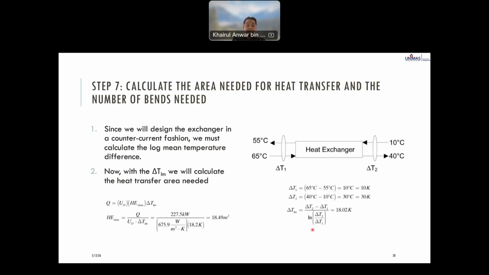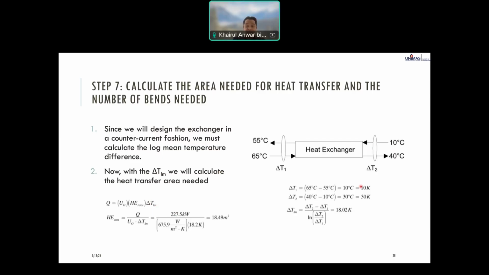Step 7, calculate the area needed for the heat transfer and the number of bends needed. Since we will design the exchanger in a counter current fashion, we must calculate the log mean temperature difference. Now with the delta TLM, we will calculate the heat transfer area needed. In this case, Q equals U naught HE delta TLM.